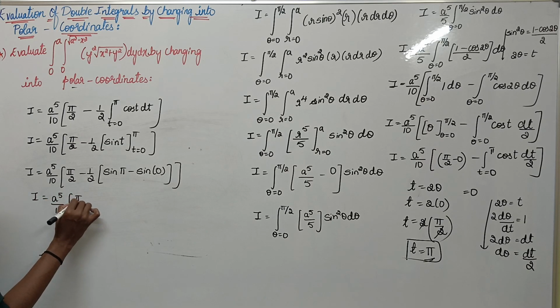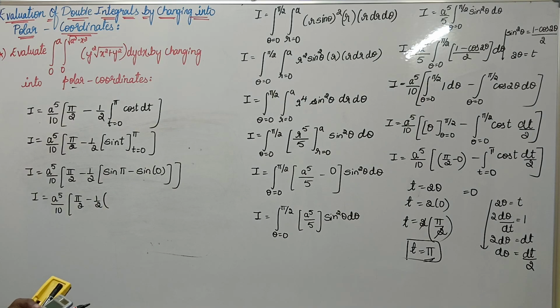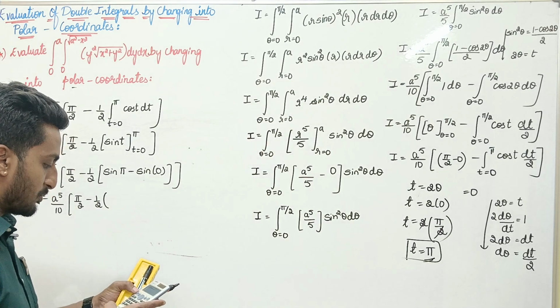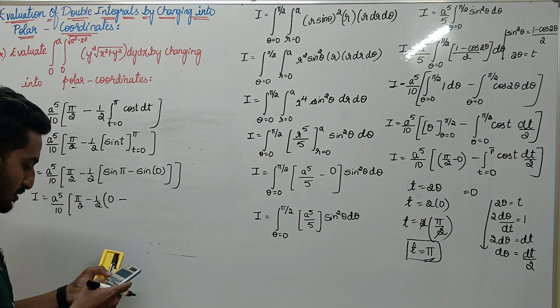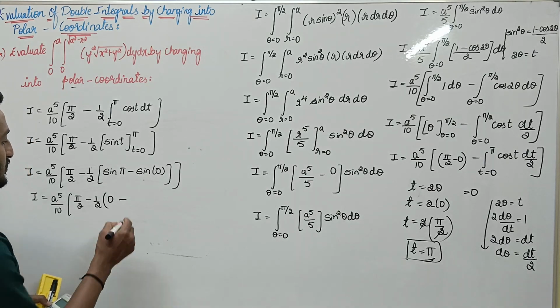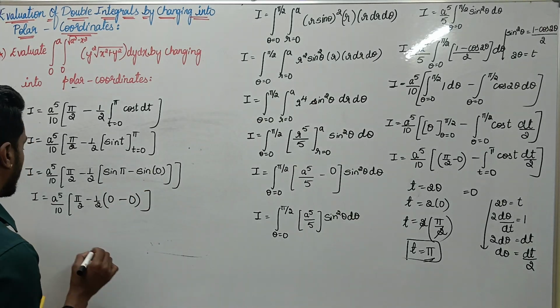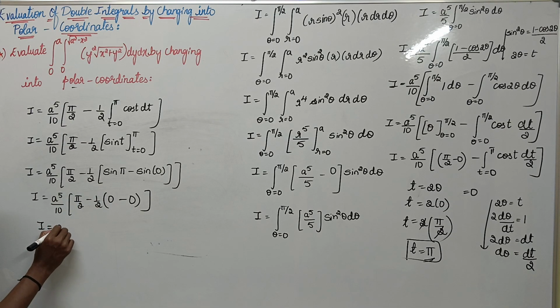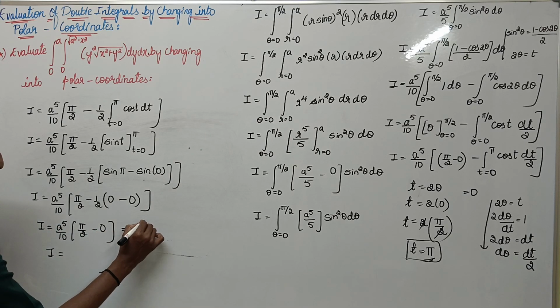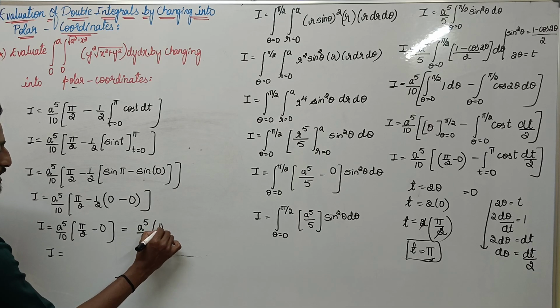Sin pi is 0, minus sin 0, which is 0, so 0 minus 0 is 0, and 0 into anything is 0. So I is equal to a power of 5 by 10 into pi by 2 minus 0, which is a power of 5 by 10 into pi by 2.